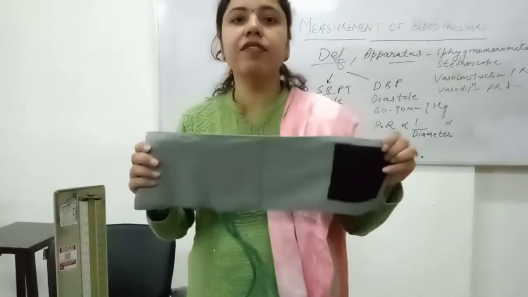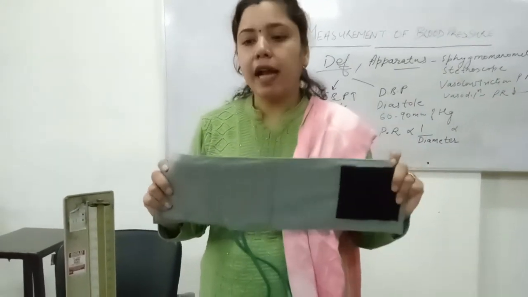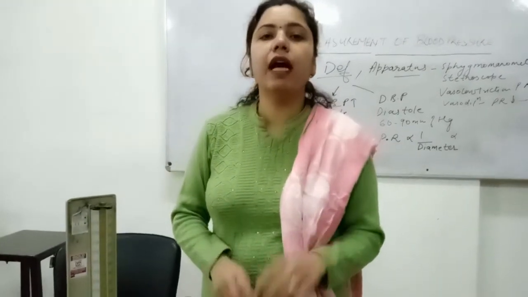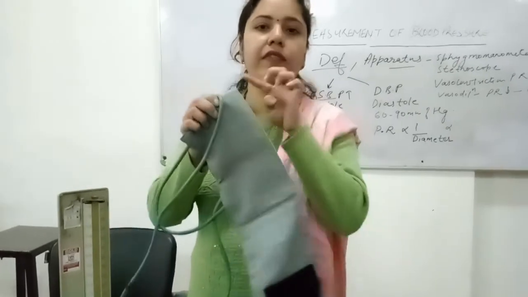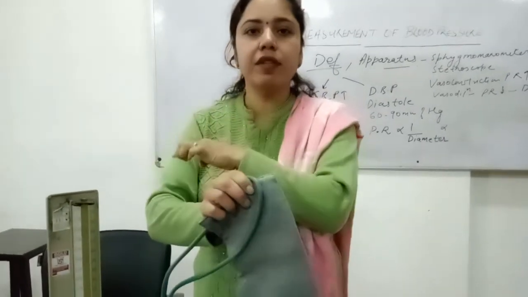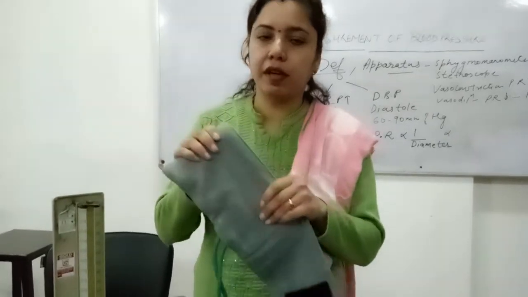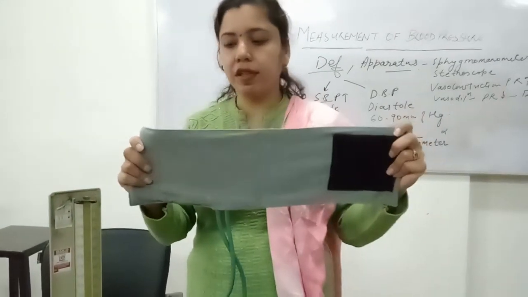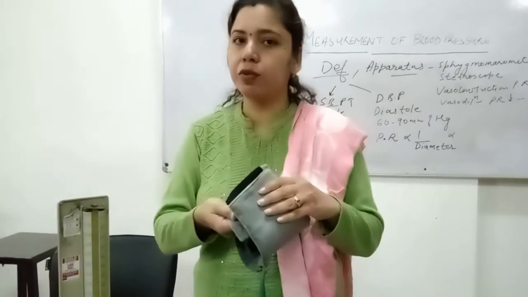In obese people its width is more, and in children its width is less. Its length should cover 2/3 of the mid-arm circumference, and its width should cover 1/3 of the arm circumference. This cuff has a Velcro strip, which is used for tying it to the arm.